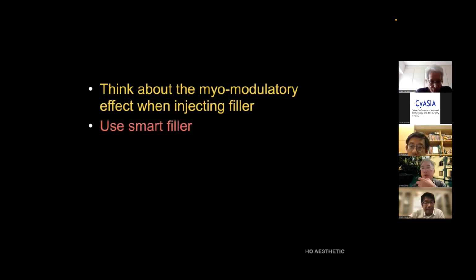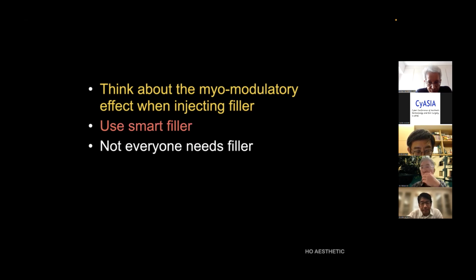And use smart muscle. What I mean by smart muscle is functional muscle, resilient to repeated compression and shearing force. When you inject into the deep layer, that filler should and will sustain repeated compression force. That filler should be hard and also cohesive.